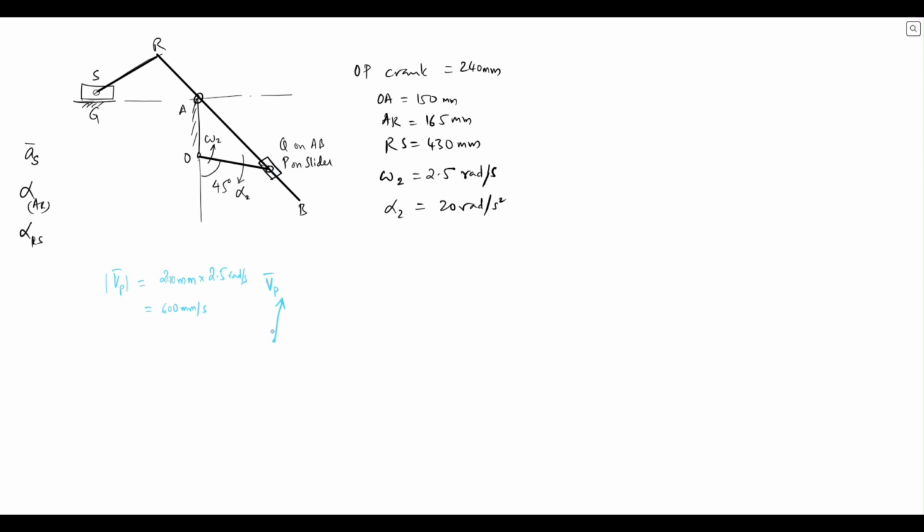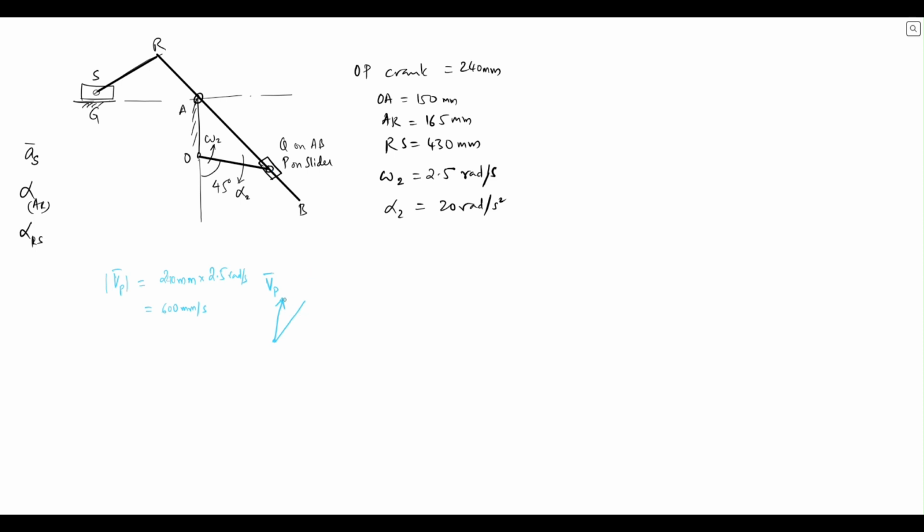Next, we consider the velocity of point Q on AB, which we can talk about with respect to point A, which is pivoted at ground. So we can draw that perpendicular line. We don't know what that is, but we understand that the component of VP orthogonal to AB, which is the transmission part of the velocity, is going to result in the velocity of the point Q on AB.